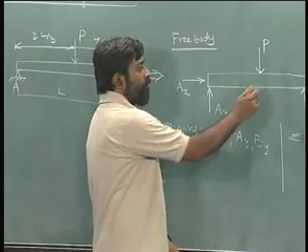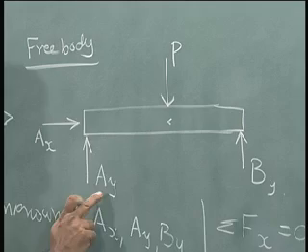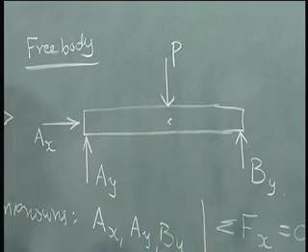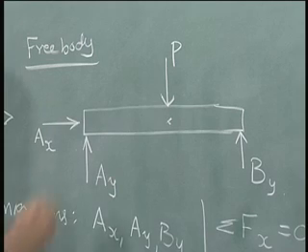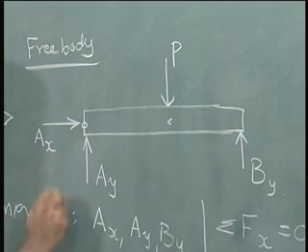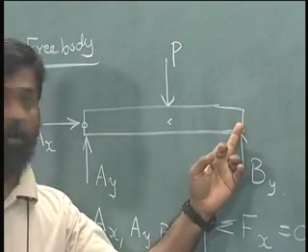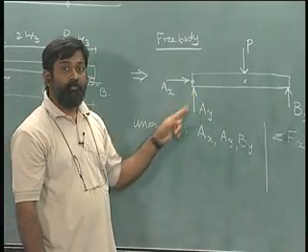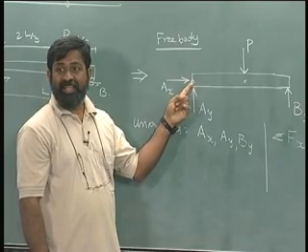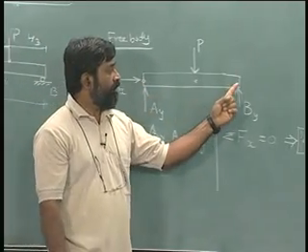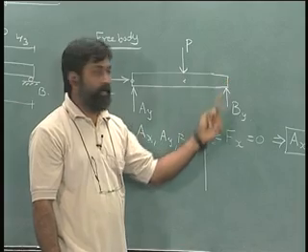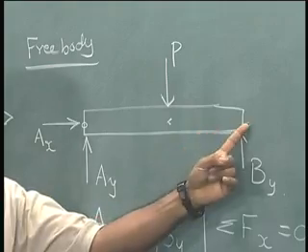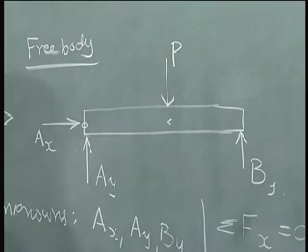I can take a moment about this particular point, which will involve Ay and By because they have a distance from this point. But instead, if I take a point on A or on B, I know that the moment of Ay at A is equal to 0, or if I had taken this other point, the moment of By is equal to 0 at this point. So I will choose either of these points and write the moment equation.